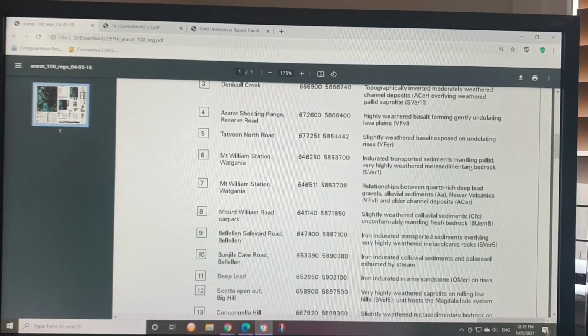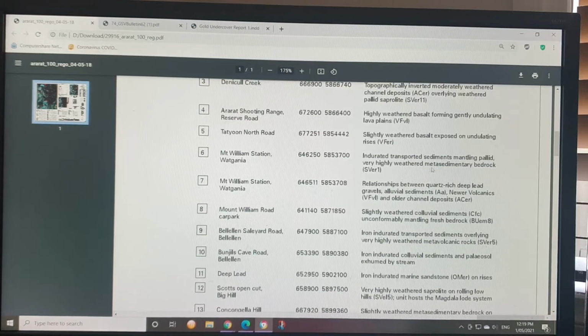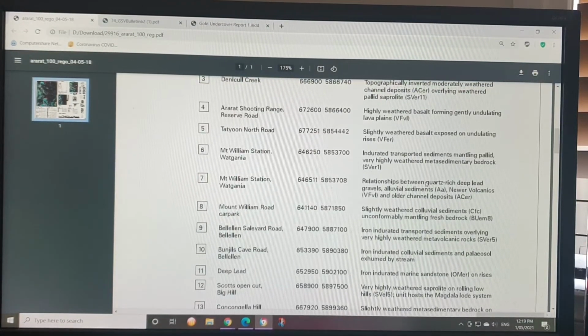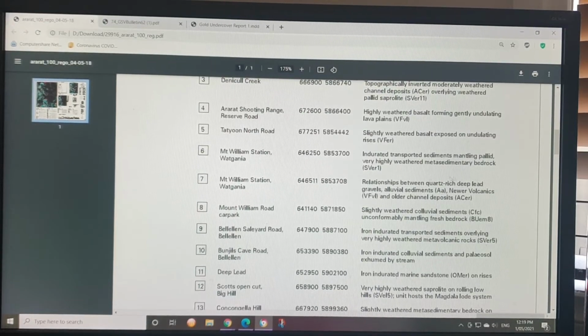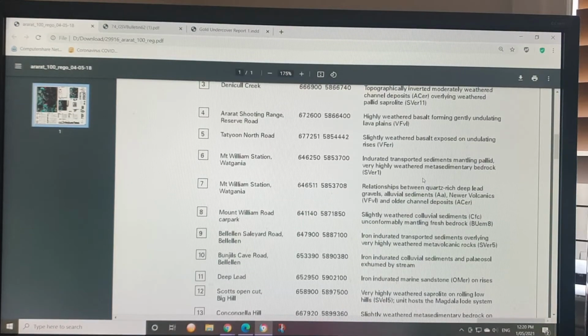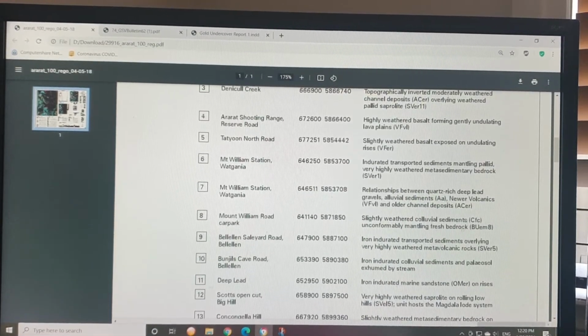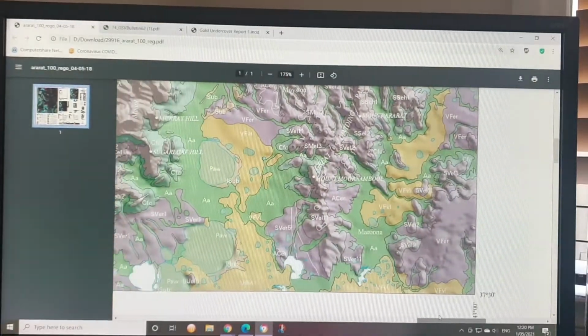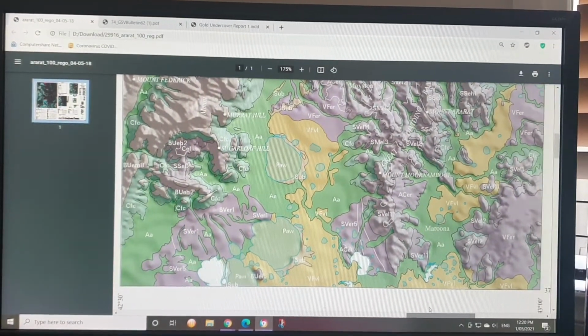Transported sediments, highly weathered metasedimentary bedrock, you might find it. But this one has quartz-rich deep leads, so that is a good indication that could be a gold bearing deposit.